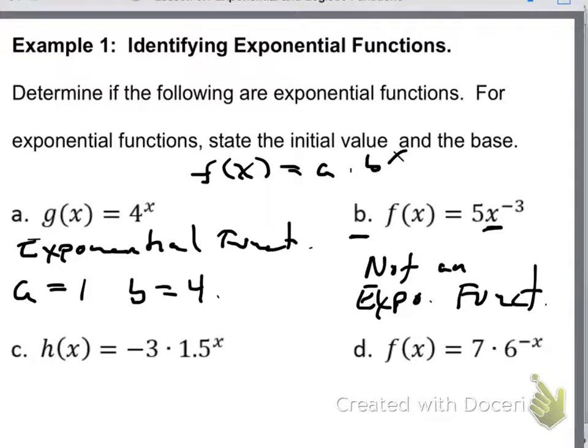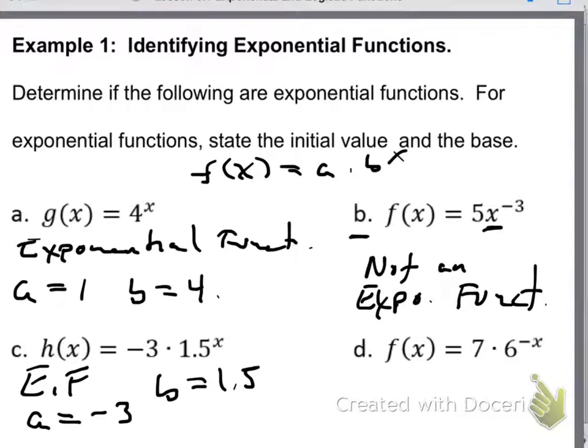We look at C here. This is going to be an exponential function. My a is going to be -3, that's my initial value, and my b, or my base, is going to be 1.5.